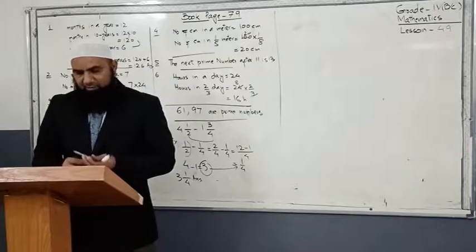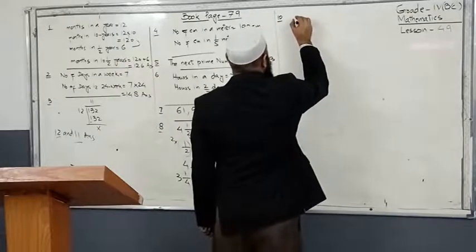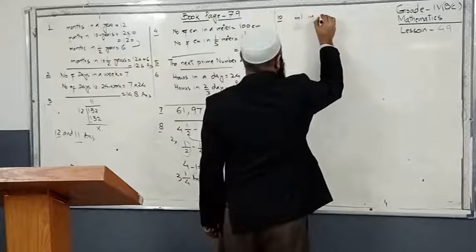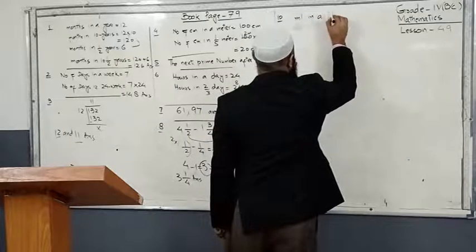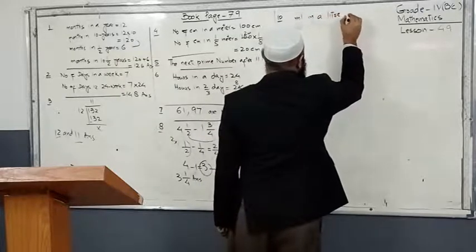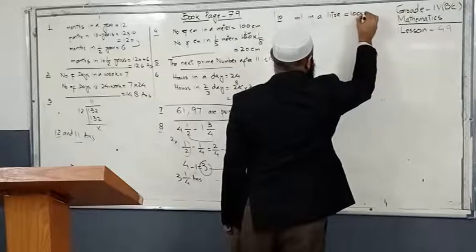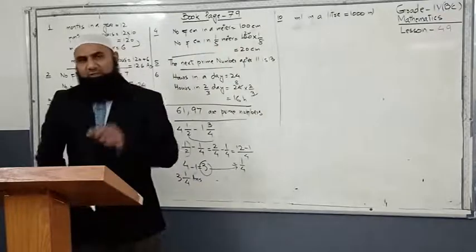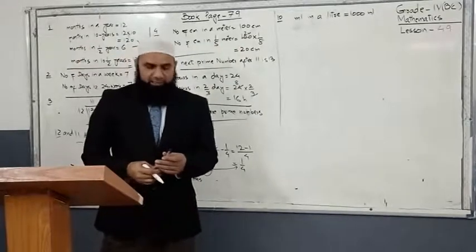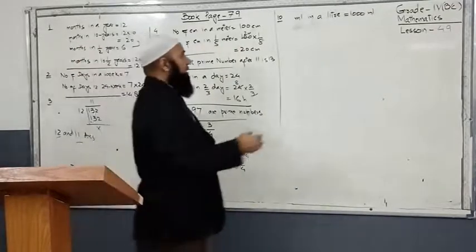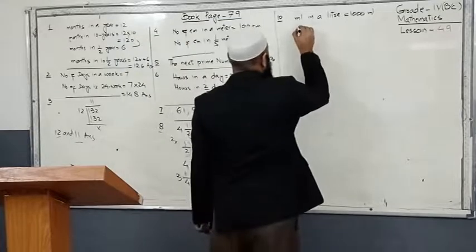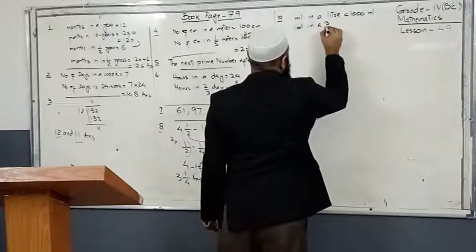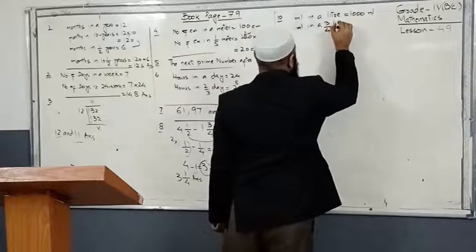Question number 10. Milliliters in a liter are 1000. We know that there are 1000 milliliters in a liter. So now we'll see how many milliliters will be in 3 over 4 liter of milk.